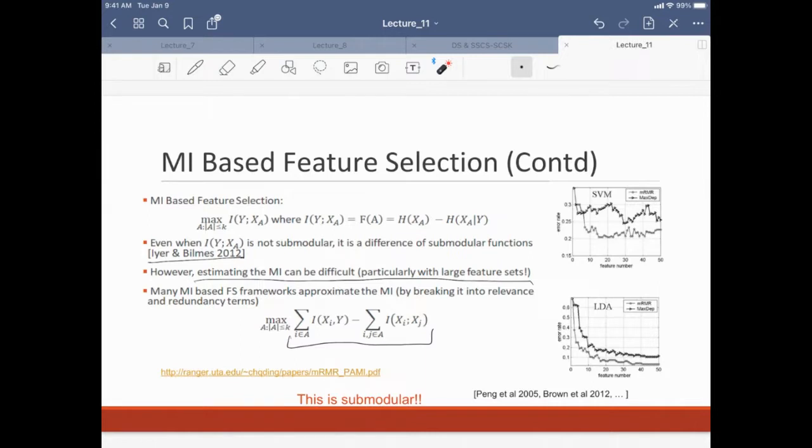This is called MRMR essentially. And there are actually several other formulations like this, and this turns out to be still submodular. So from that perspective, this is an interesting formulation.